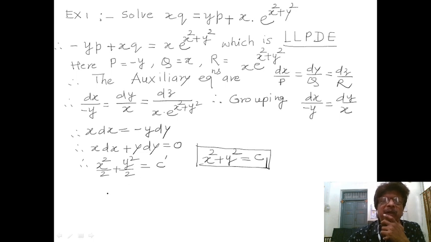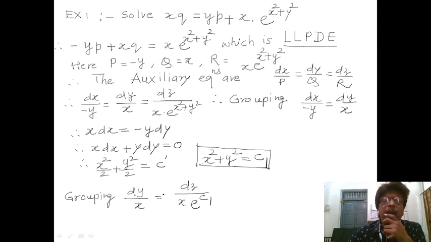Now we shall group the other pair. Which pair? dy upon x equal to dz upon x into e to the power c1. In dy upon x and dz upon x into e to the power c1, I have replaced x square plus y square by this constant c1. We see that x is common, so x goes.